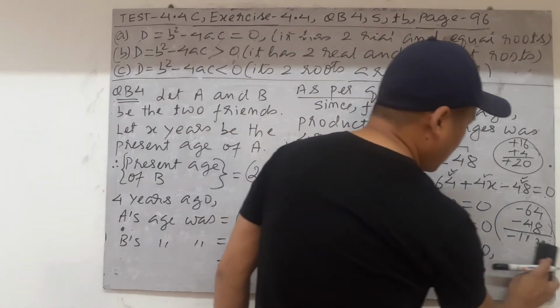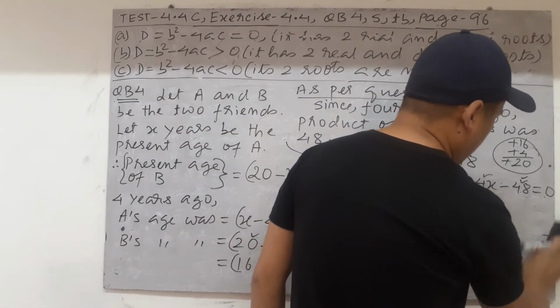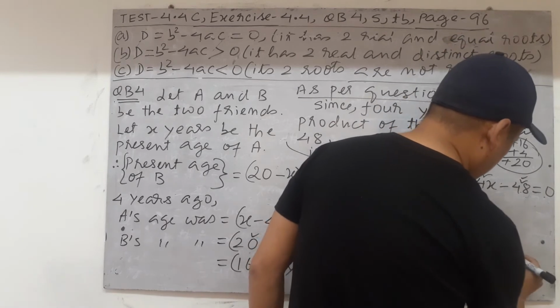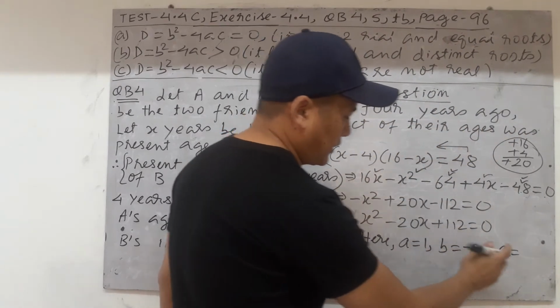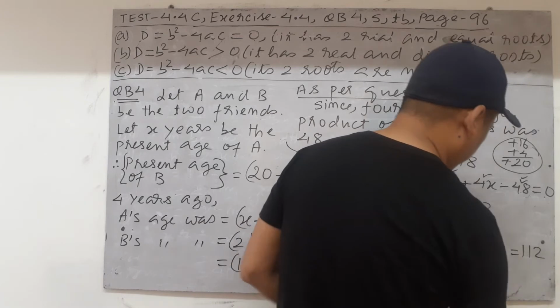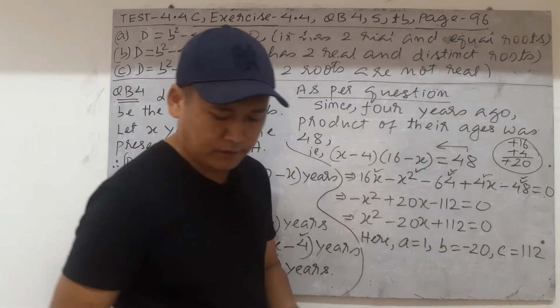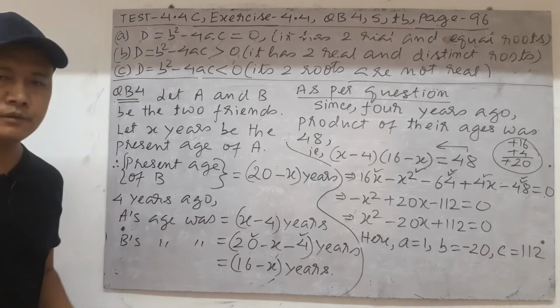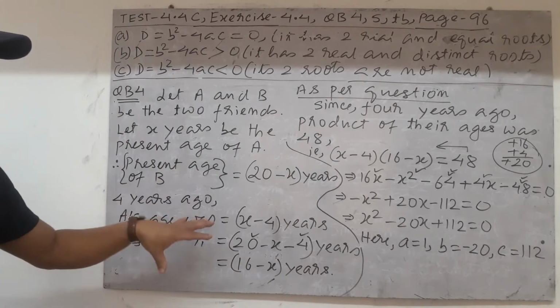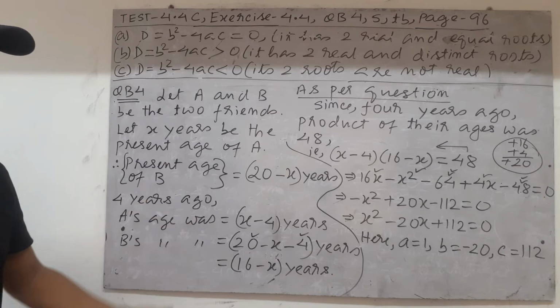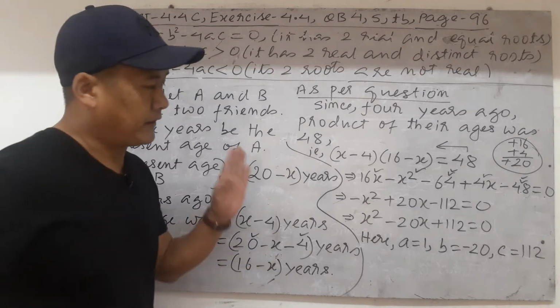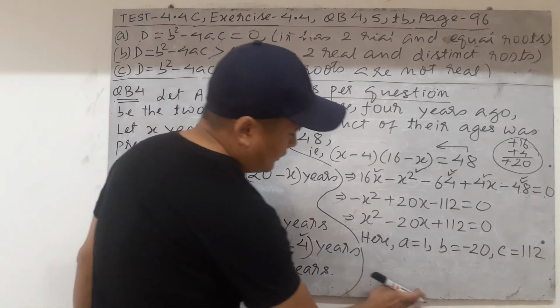And c is the third term here, plus 112. Having done that, to answer whether this condition is possible for them to have such ages and to solve for present age, the answer is to find D.